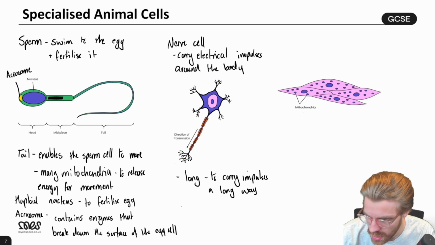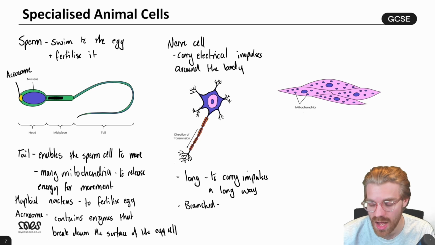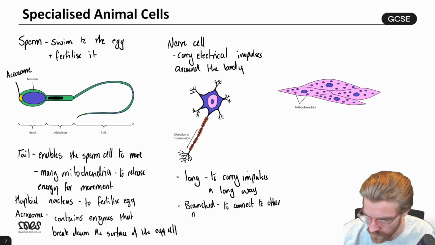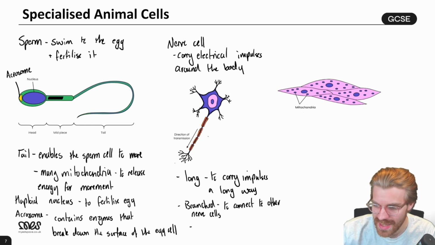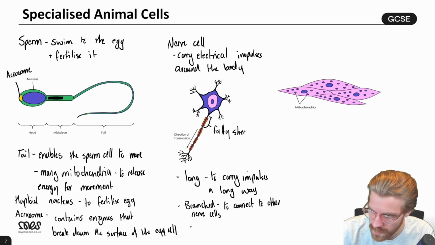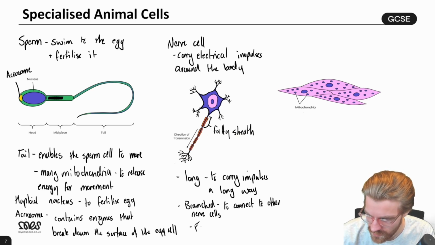They are also highly branched, and that enables them to connect to other nerve cells. As well as that, they have a fatty sheath that helps to insulate them, and that enables the electrical insulation.